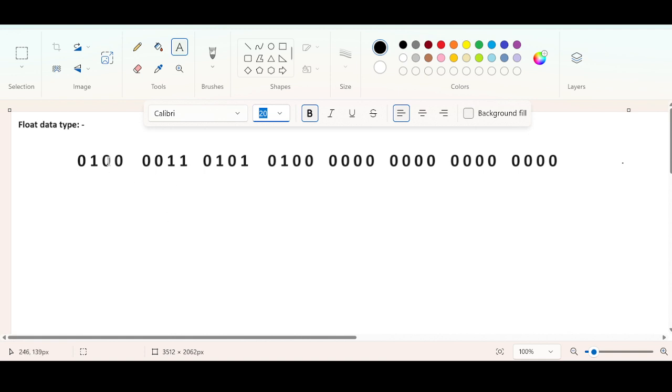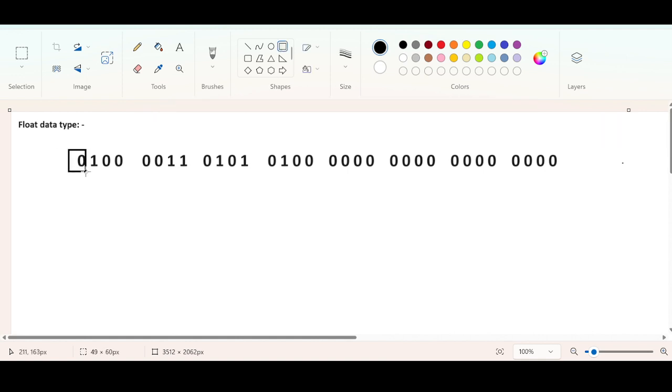So this is a 32-bit representation, right? If you see, 32 binary numbers. To achieve readability, I have just separated it into 4 bits each. From this, the first value is reserved for the sign.